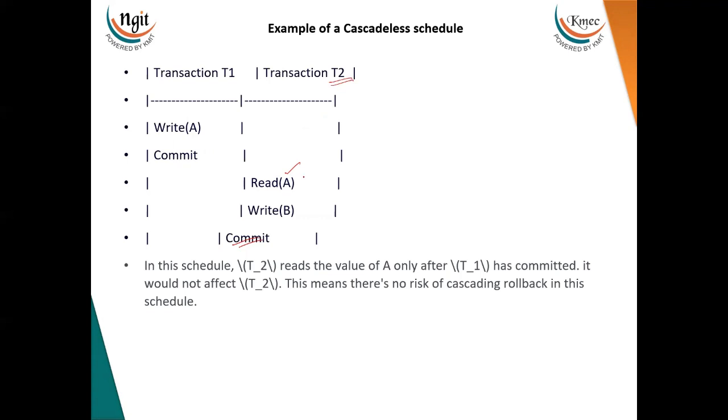In cascading rollback, we have seen that if one operation is rolled back in one particular transaction, all the dependent transactions must also be rolled back because the transaction has not made a commit operation. Here, as T1 made a commit operation, the operations of T2 need not be rolled back. So there is no risk of cascading rollback in this schedule.